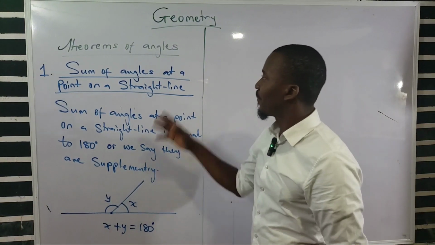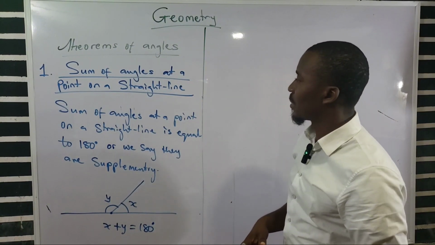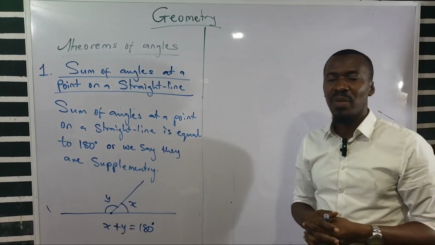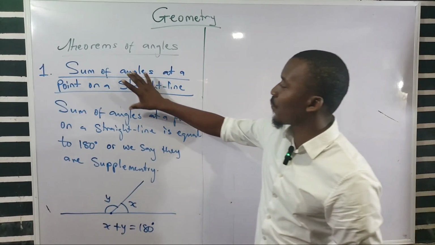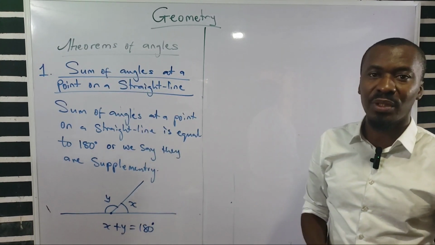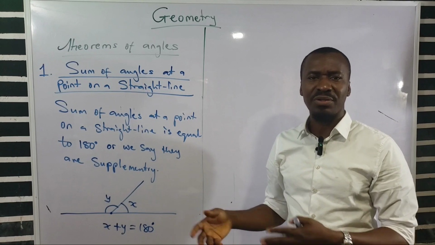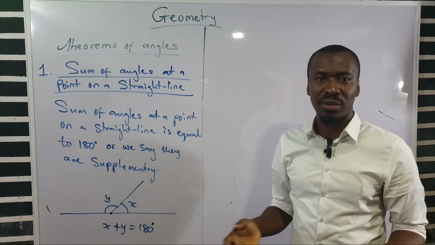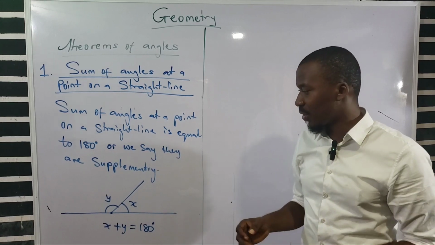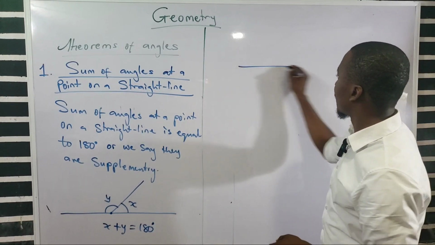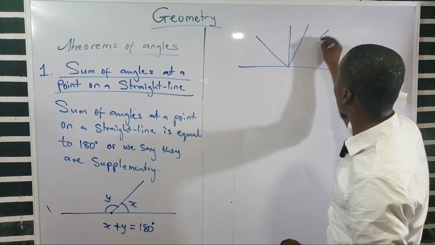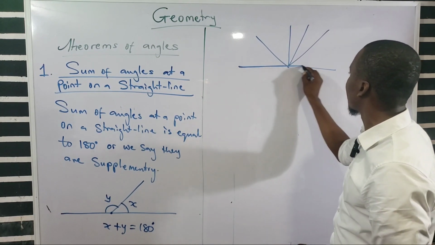The first theorem of angles that we're going to look at is the sum of angles at a point on a straight line. I know that we are familiar with calling it the sum of angles on a straight line, but I think that confuses students. It's better we say the sum of angles at a point on a straight line, because the angles are all meeting at a point on the straight line.